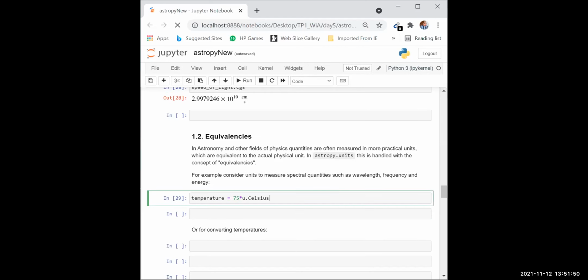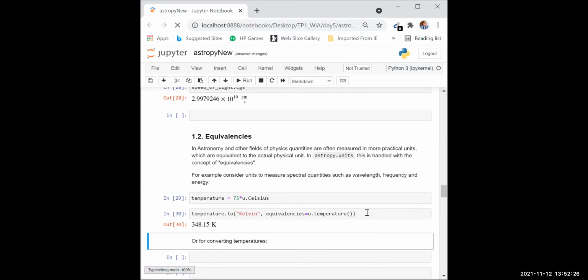And I want to convert this temperature into Kelvin. Again, see, the way you operate is the same thing. The variable name dot to, and then you put, for example, we had meters there, and now we are converting into Kelvin, with the equivalencies of u.temperature which we had.